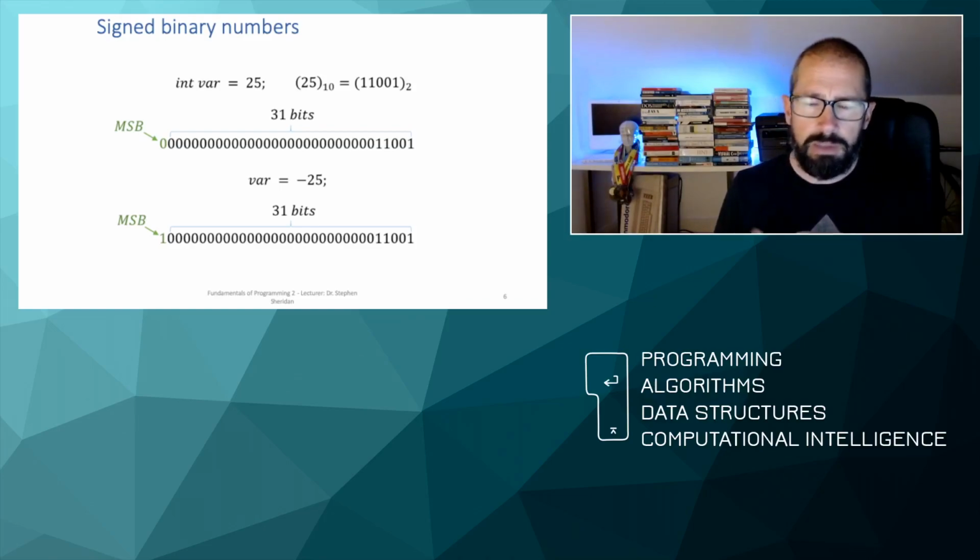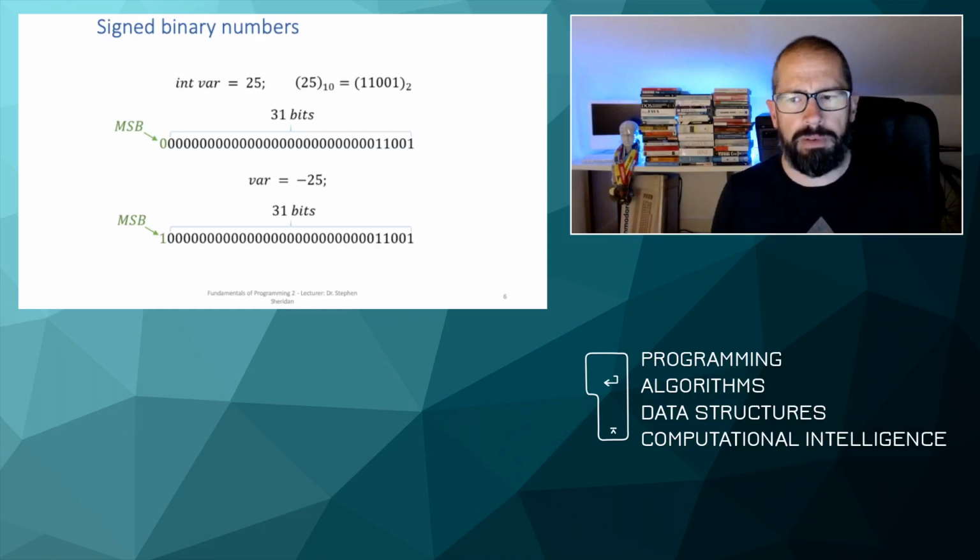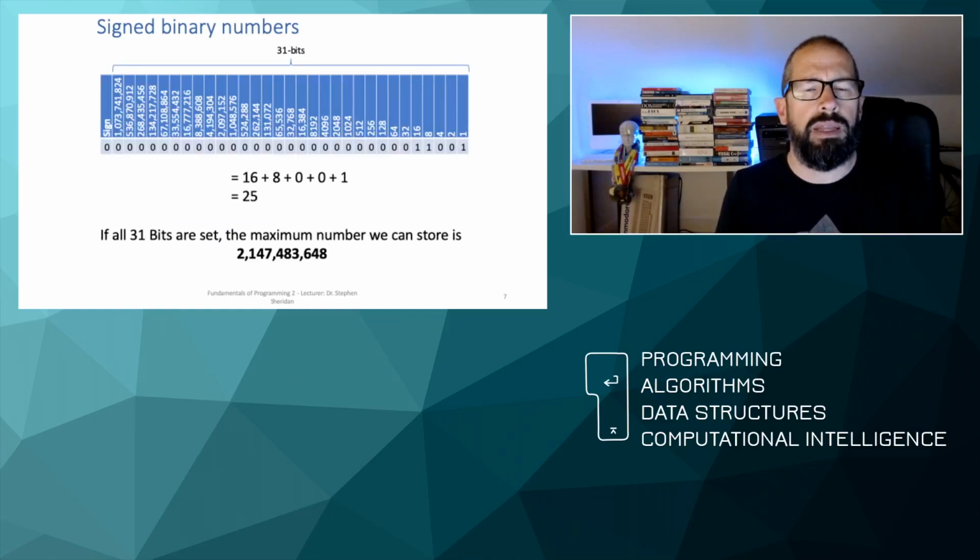Okay, so that's what it looks like in binary format. So let's dig into this a little bit deeper then. How is that 32-bit signed integer actually converted back into a number that we understand?